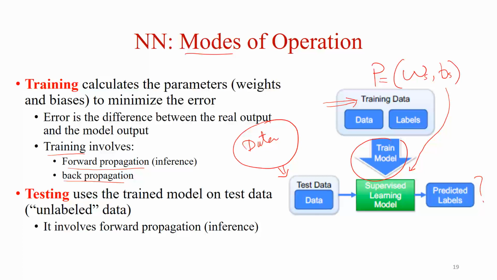In testing, we use the trained model on test data, and you can think of it as data that we can label, or if it is data that we have already labeled, we can measure the accuracy of the model. Okay, so this test data can measure the accuracy, or now you are using it on the field to recognize faces and apply basically the application.